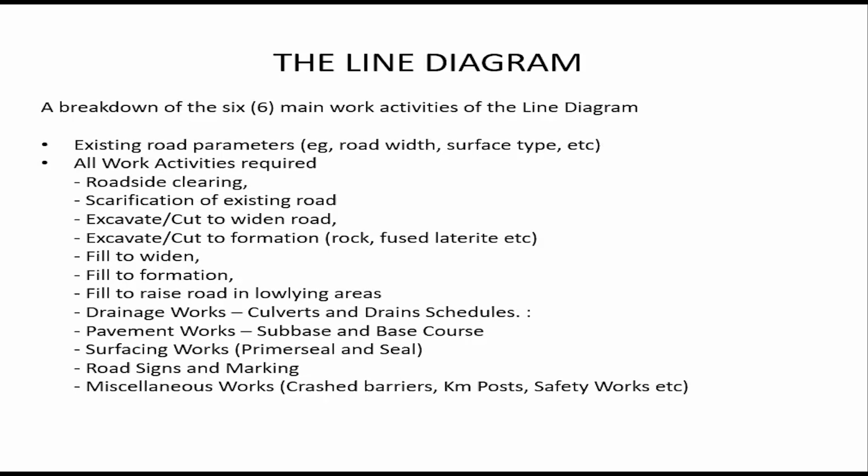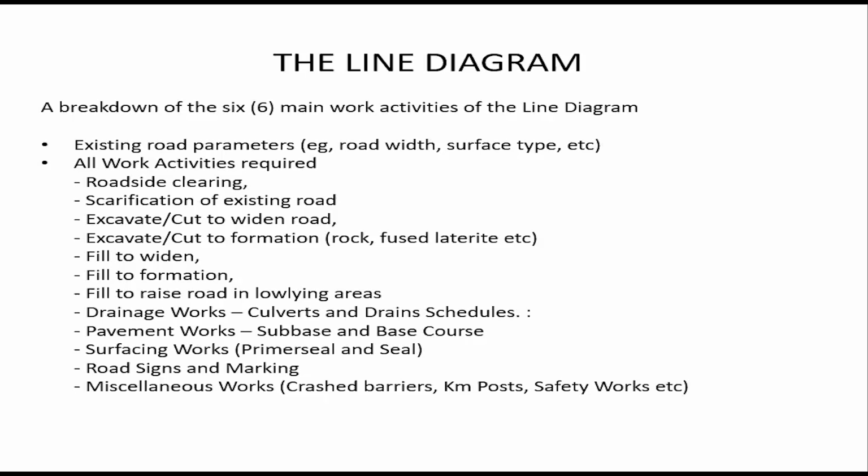Now, the 6 main work activities of the line diagram are broken into details here. So existing road parameters, we are talking of road width, surface type, etcetera.